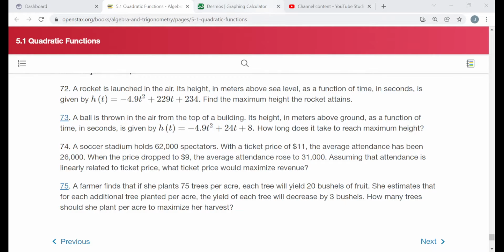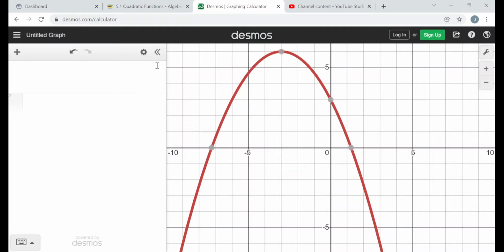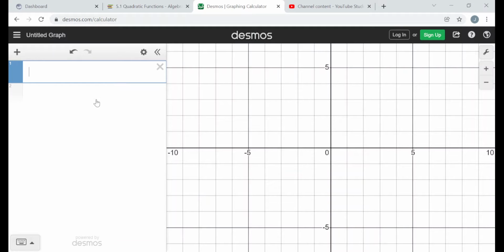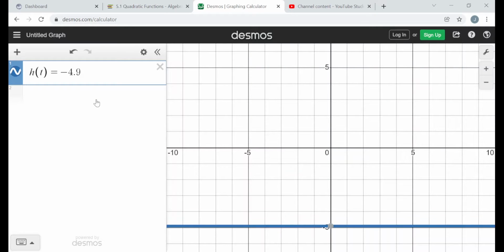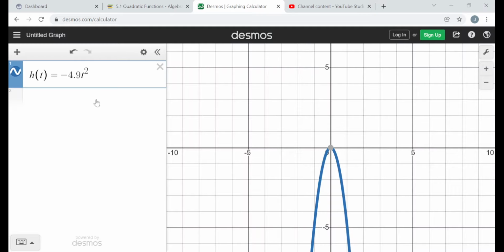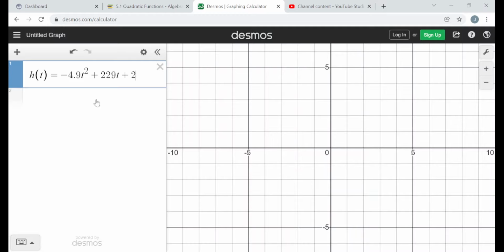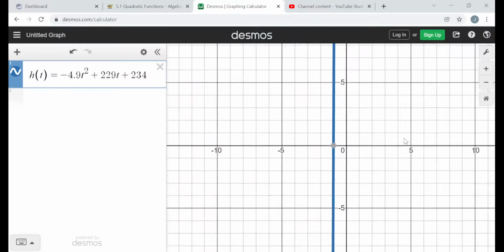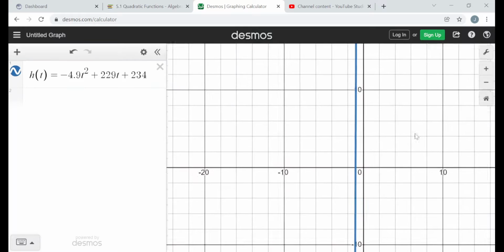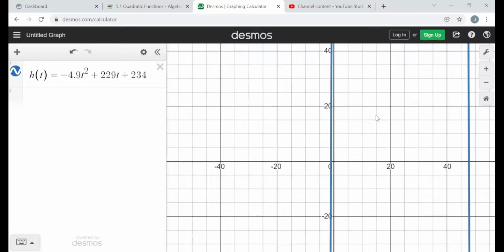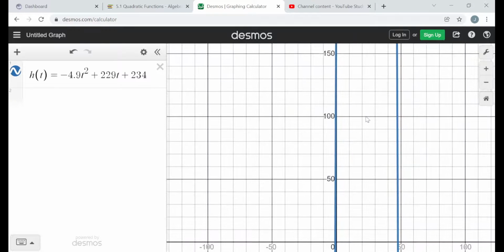All right, now I'm just going to go to my calculator, let's go to that Desmos calculator again. Let's get rid of this. And you know what, I'm just going to put in the function we were given. H of t equals negative 4.9 t squared plus 229t plus 234. All right, there it is, right?